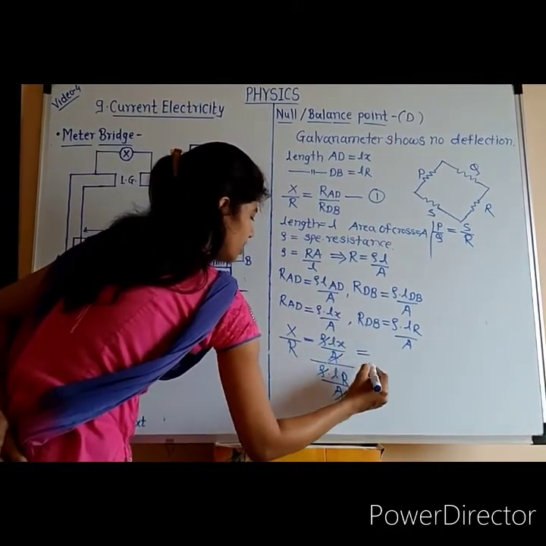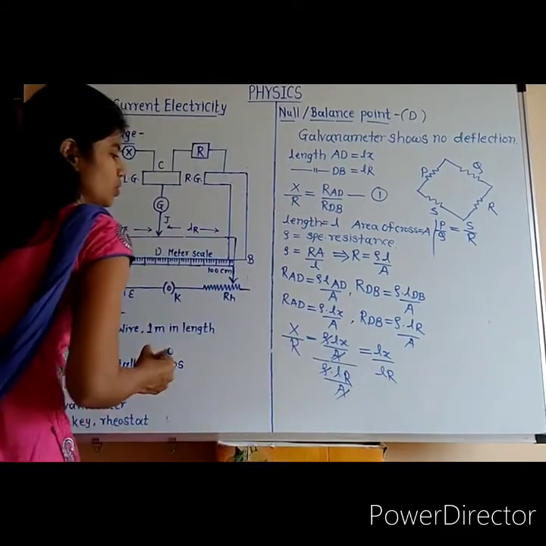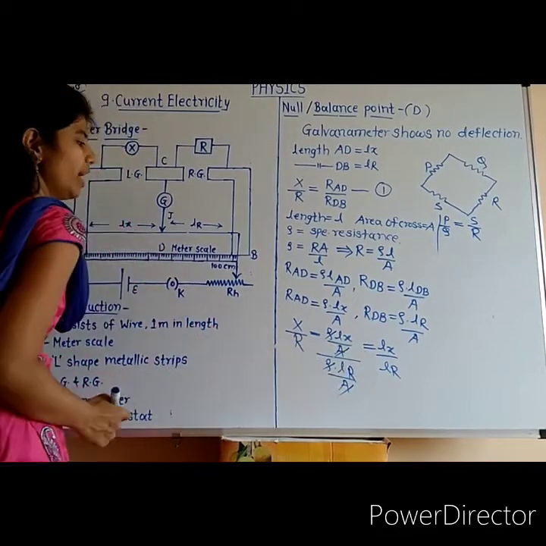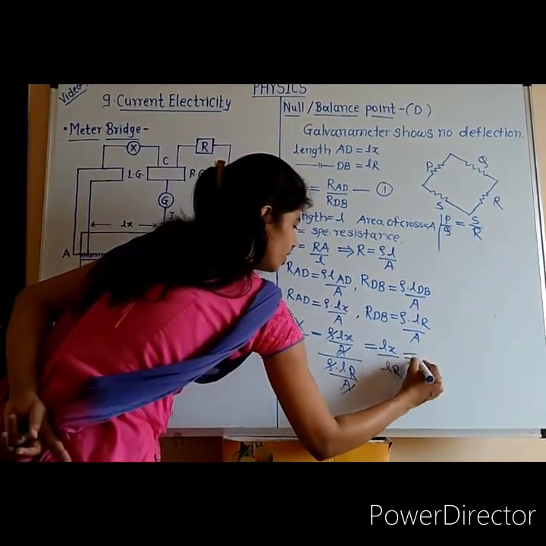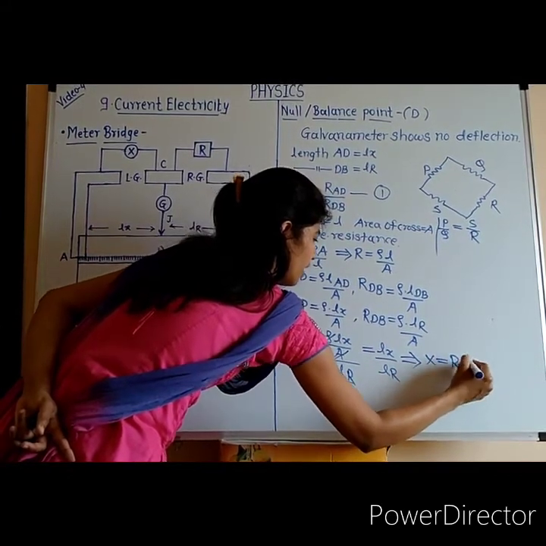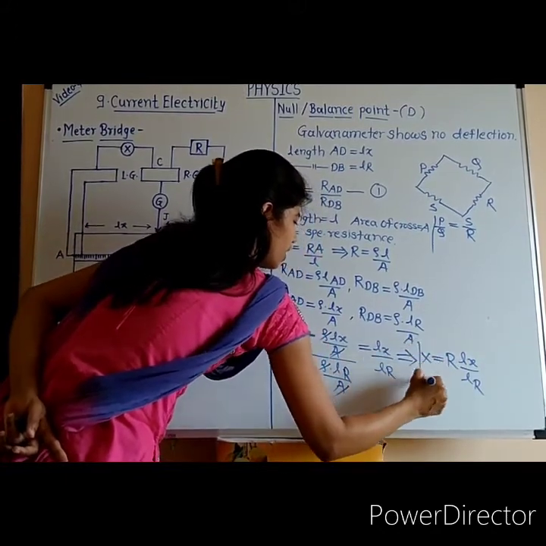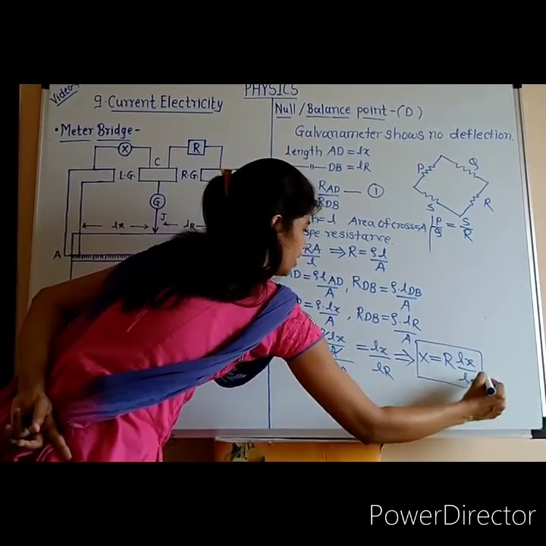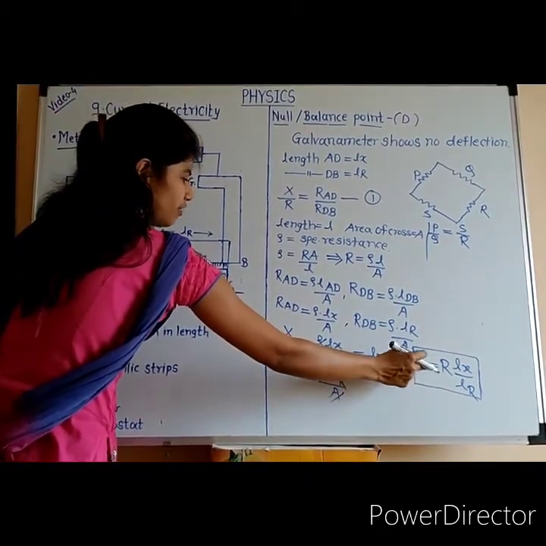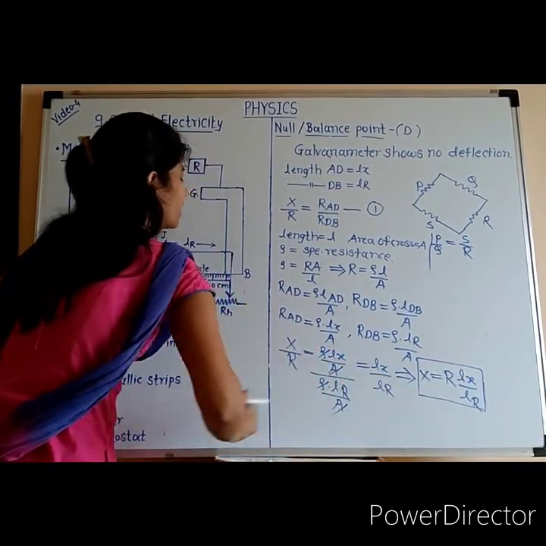Hence, we get X upon R is equal to Lx upon Lr, and from this equation we can write X is equal to R into Lx upon Lr. From this equation we can find the value of the unknown resistance X.